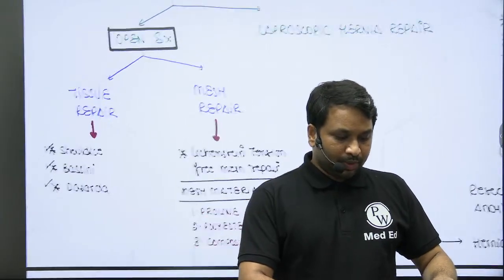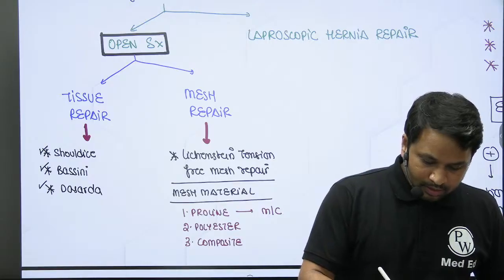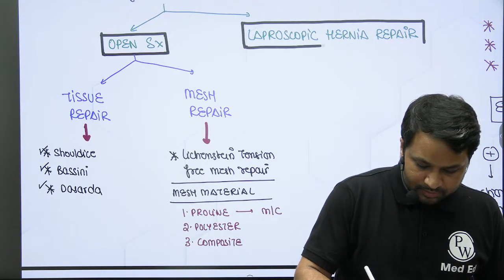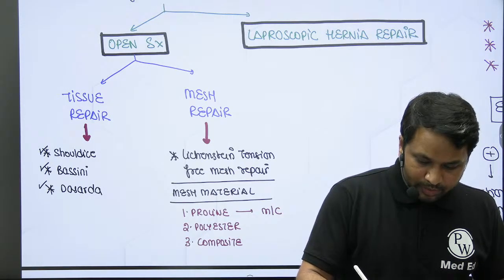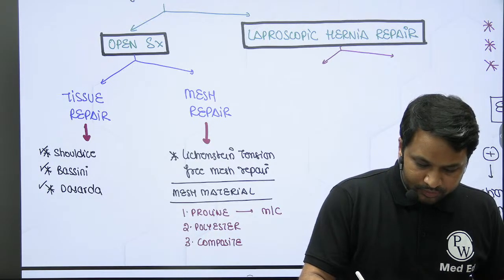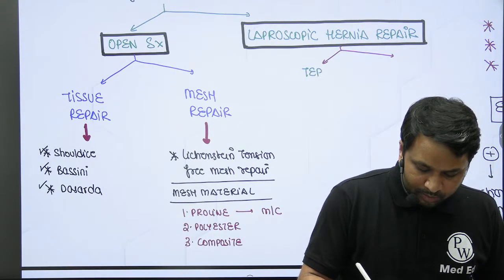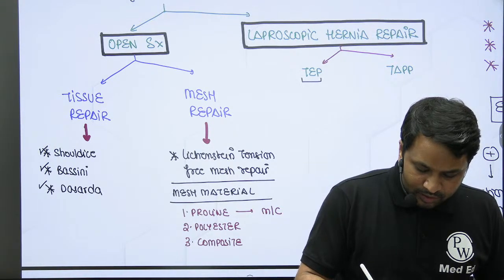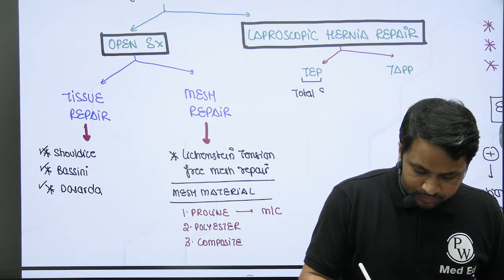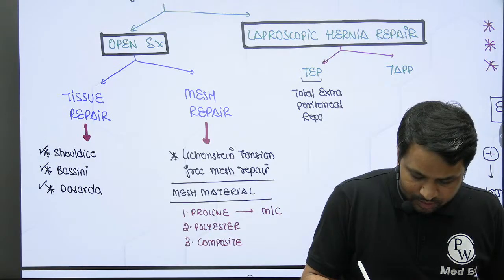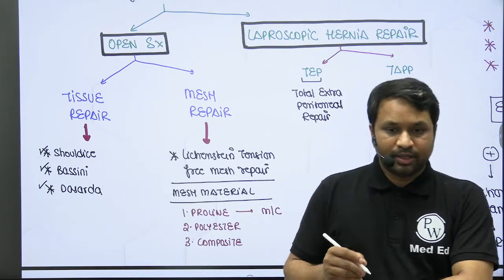Now, when it comes to laparoscopic hernia repair, you have to mention the two techniques that are present: TEP and TAPP. TEP stands for total extraperitoneal repair.